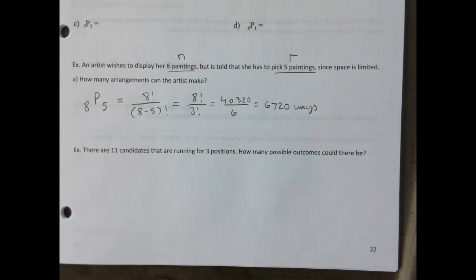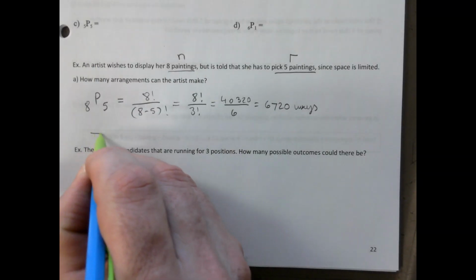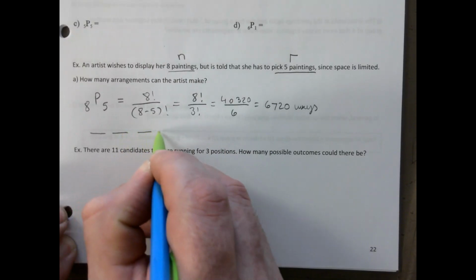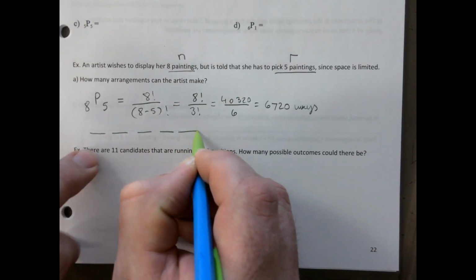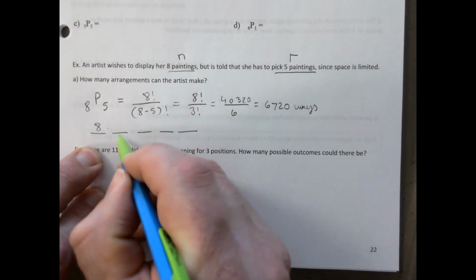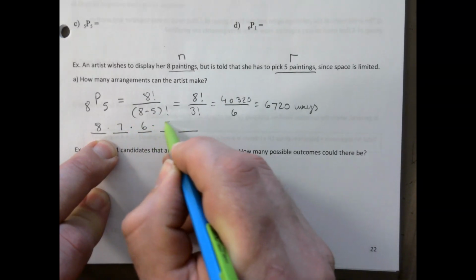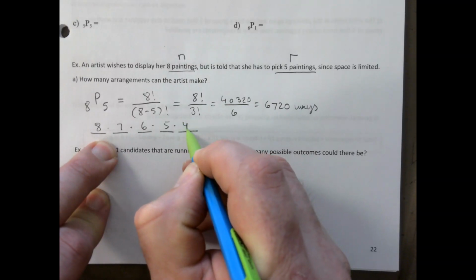What were we using up until this point? We were using the fundamental counting principle. Guys, pay attention, please. 1, 2, 3, 4, 5 slots, and we had 8 paintings. You would go 8 times 7 times 6 times 5 times 4, correct?